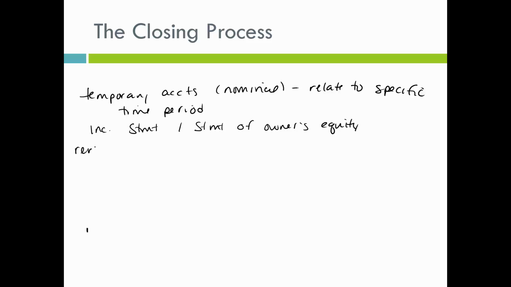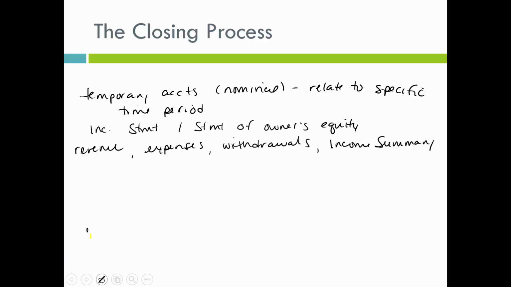So the revenue accounts, any of the expenses, the withdrawals, and there's one other type of account that we haven't talked about yet, but we will in this one, and that is called income summary.